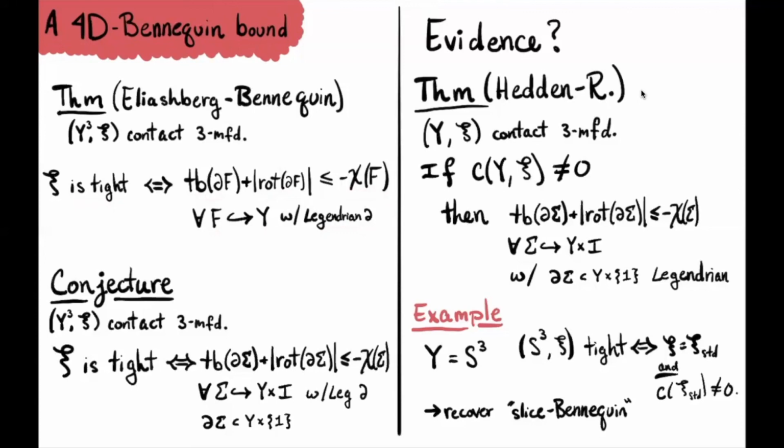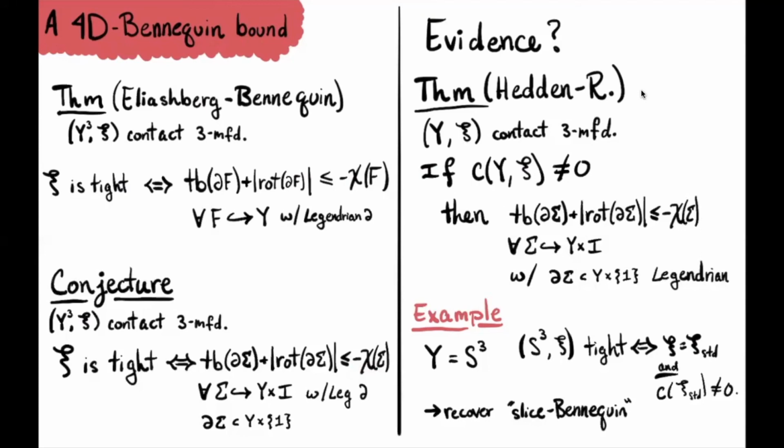And what I'd like to conjecture is that this is not just a 3-dimensional phenomenon, but it's really a 4-dimensional phenomenon. So in particular, the contact structure is tight if and only if for any surface embedded in not just Y, but Y cross I with Legendrian boundary in one of the ends, the Thurston-Bennequin number plus rotation number of the boundary is a lower bound for minus the Euler characteristic of the surface.